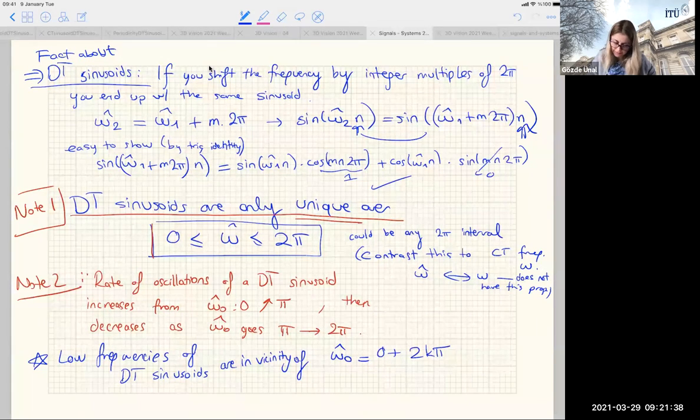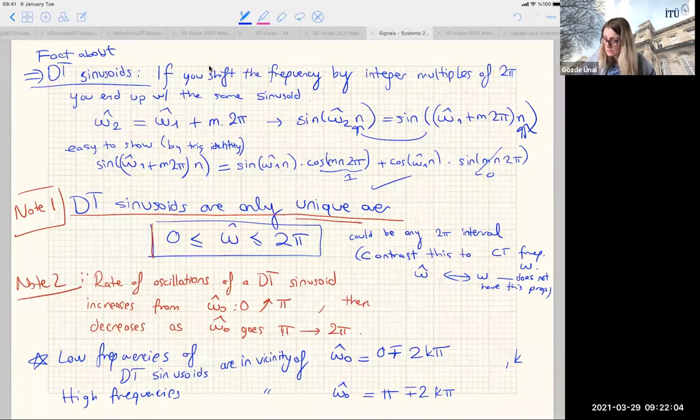Okay? And high frequencies of discrete time are in vicinity of pi, I should say plus minus, by the way. And here it should be really pi plus minus 2k pi, where k could be negative or positive also, k an integer. This is important.